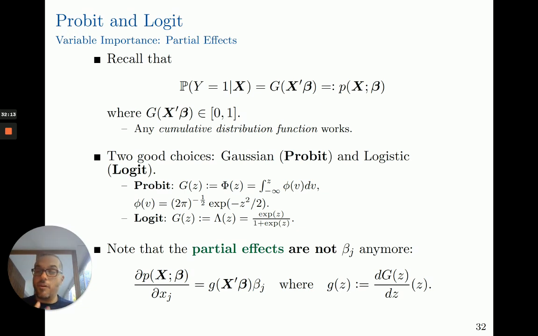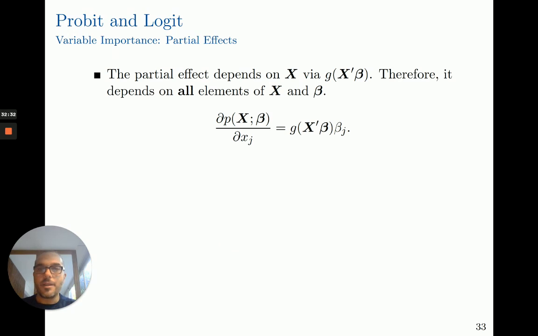Now, differently from a linear model, we have this nonlinear function here. And in fact, the partial effect is not constant anymore. It depends on x. So we have more complication here. The partial effect depends on x via lowercase g of x beta.